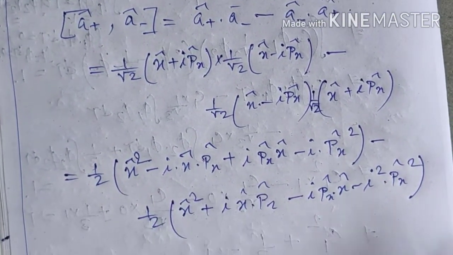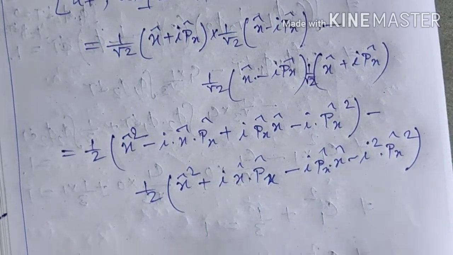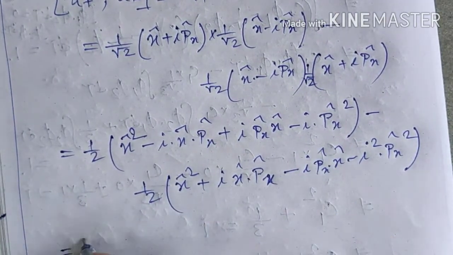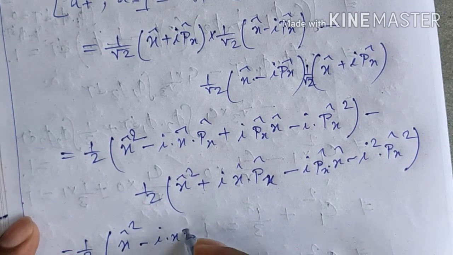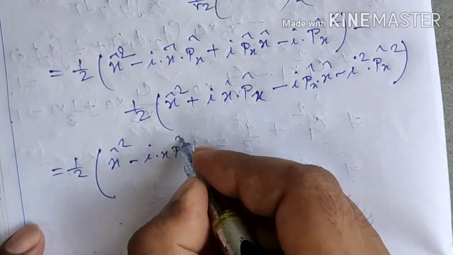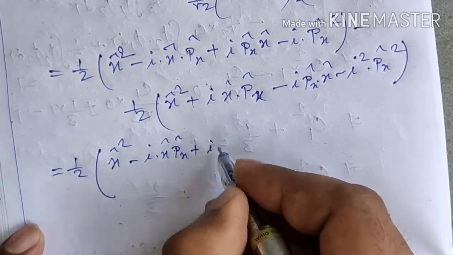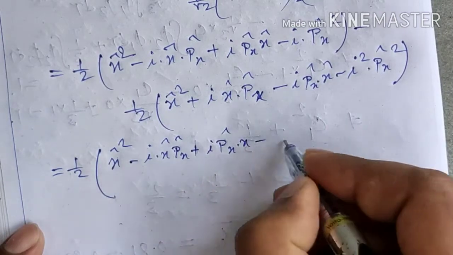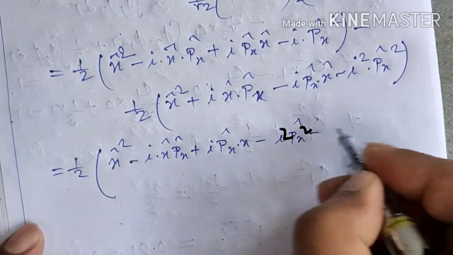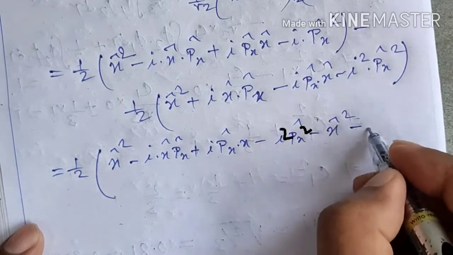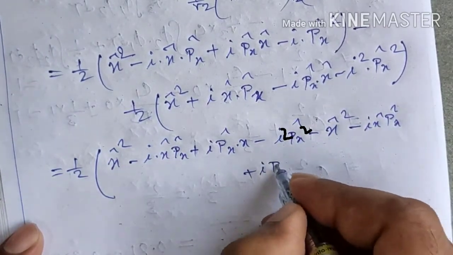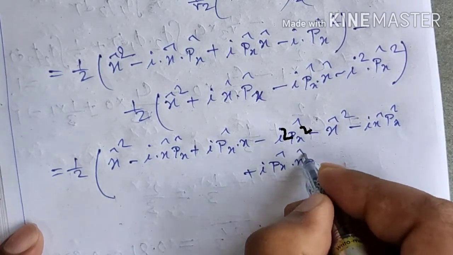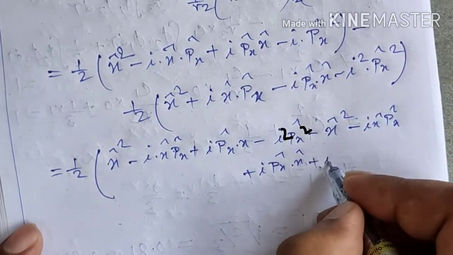Sorry, if you remove the bracket, then it will be x square minus I x px plus I px x, minus x square minus I x px plus I px x, plus I square.